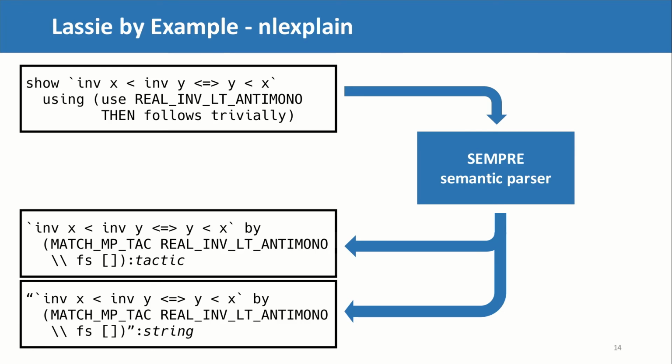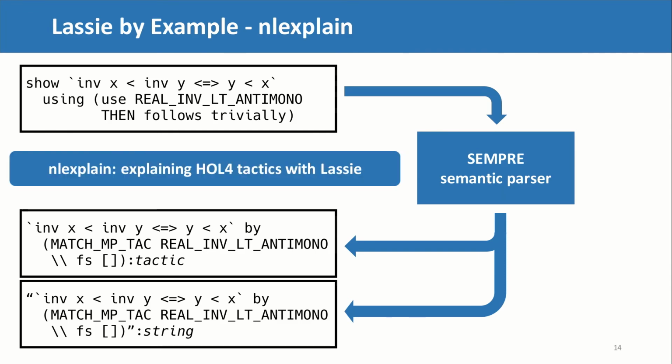However, in contrast to NLTAC, an additional string description of that tactic is returned by the semantic parser, such that we can use it to enrich the printed proof state with the tactic that has been applied, to make it easier to understand what has happened. So this makes NLExplain our tool for explaining how HOL4 tactics work with Lassie.